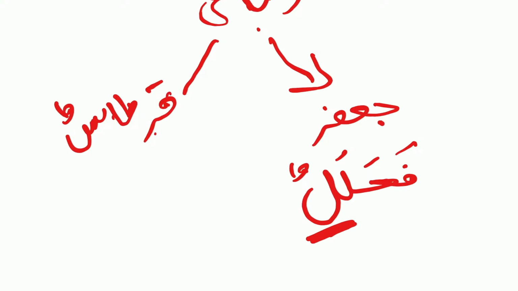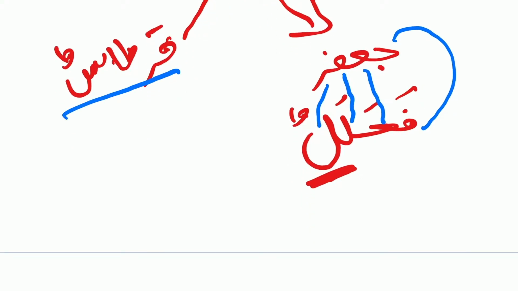So fa'lalun, everything is good on the scale. Okay, Ja'farun: Jim is with the fa, ain is with the ain, fa is the lam number 1, and ra is lam number 2. Ja'farun, fa'lalun. So this is ruba'i. Okay, we put this in the scale of fa, ain and lam. So we say, what is this?